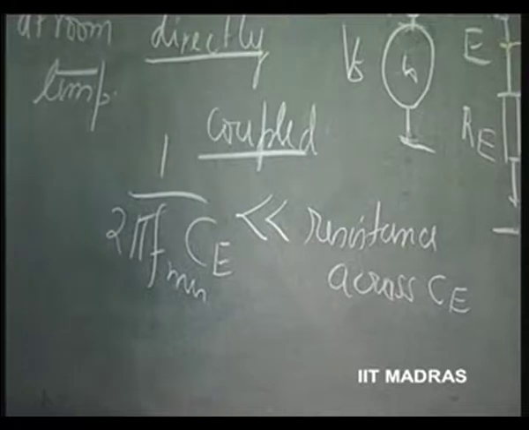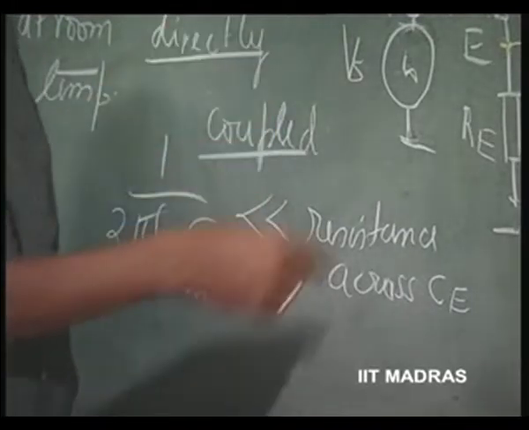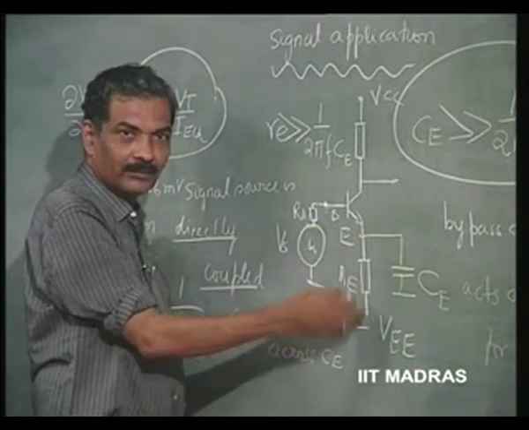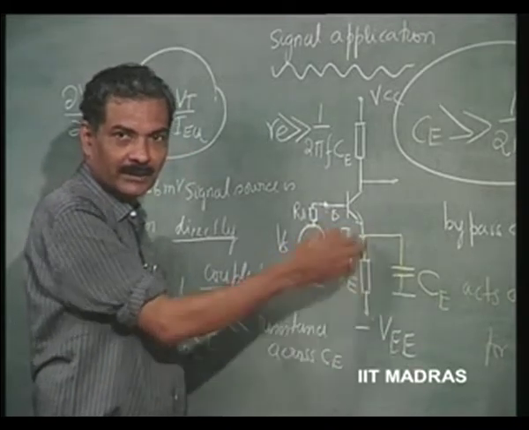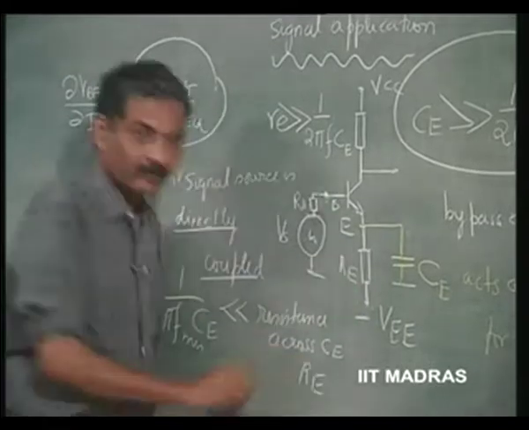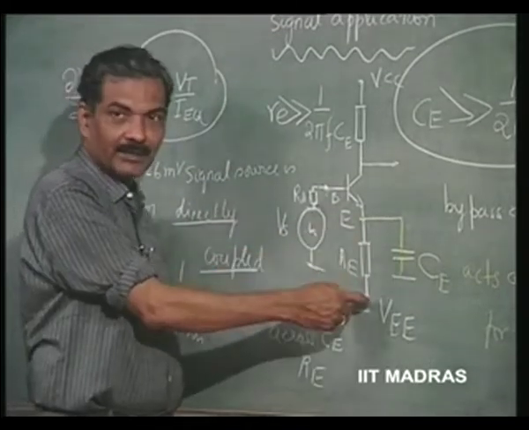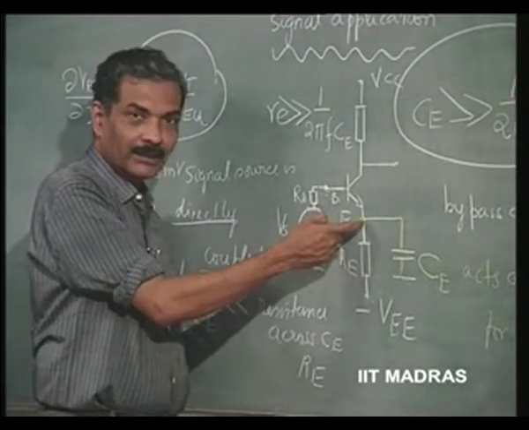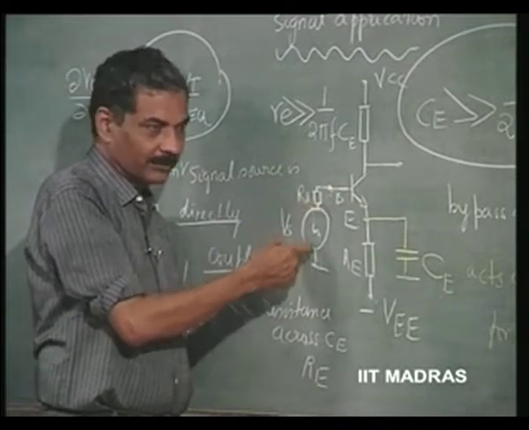Now, let us see whether we have done it properly. Resistance across Ce is this resistance to ground, that is capital Re. Then from here to ground you have to trace the path.